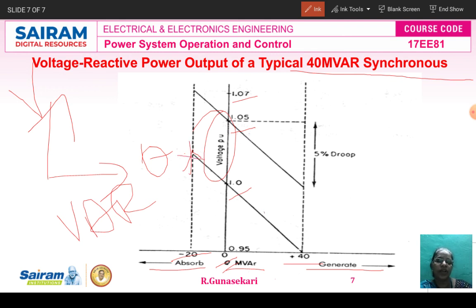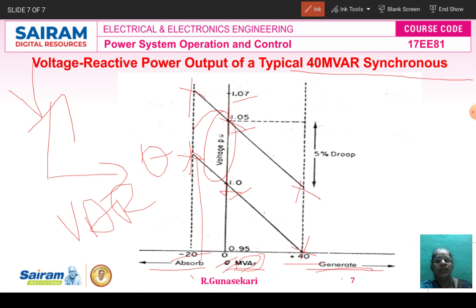At this point it absorbs the reactive power, here the power is 0, and again at this point it generates the reactive power. Similarly, you can take these characteristics. Under this point it absorbs reactive power. At 1.05, Q equals 0, that is MVAR equals 0, and under this condition it generates the reactive power.